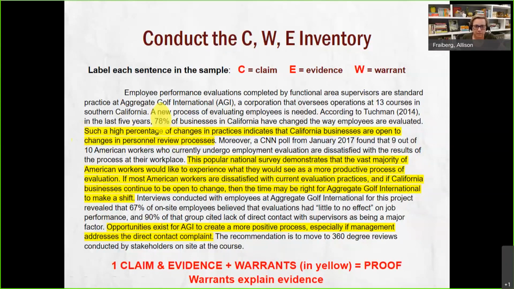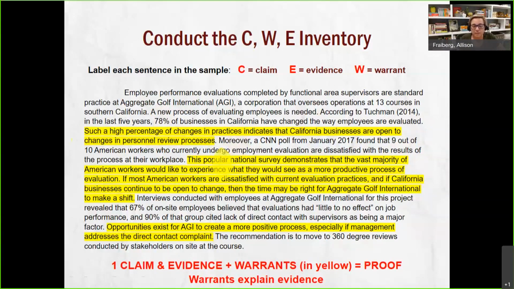Well, what does that make me think? If 78% have changed, well, that means they're willing to change because they have changed. So that's good. I'm just explaining what the Tuckman piece made me think. Let's go on. So that's a W.